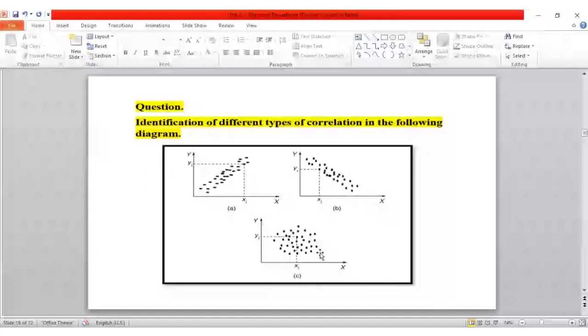I guess every student is able to judge this. From the diagram, you can tell whether there is a positive, negative, or no correlation. Now, if I give you two different data sets, can you tell in which data set there is more relation and in which there is less relation? What is my point? Let me share my notepad.